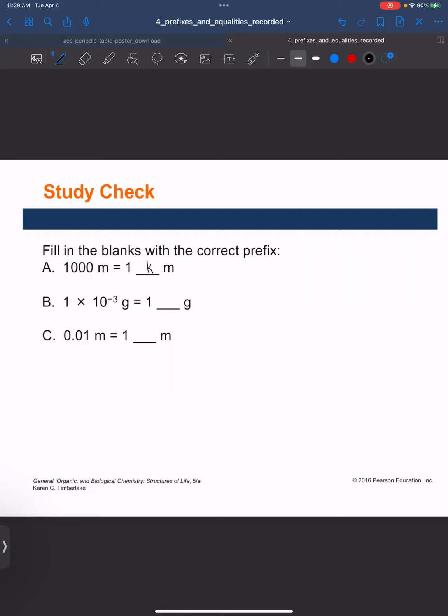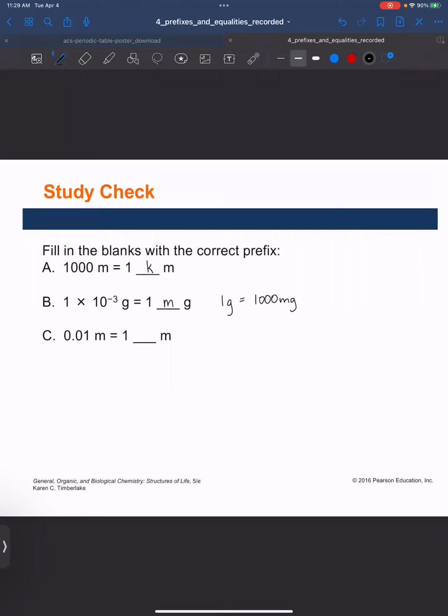Excellent, 1 milligram. How would we write this so that we didn't have to use a negative exponent? 1 gram is equal to 1,000 milligrams.